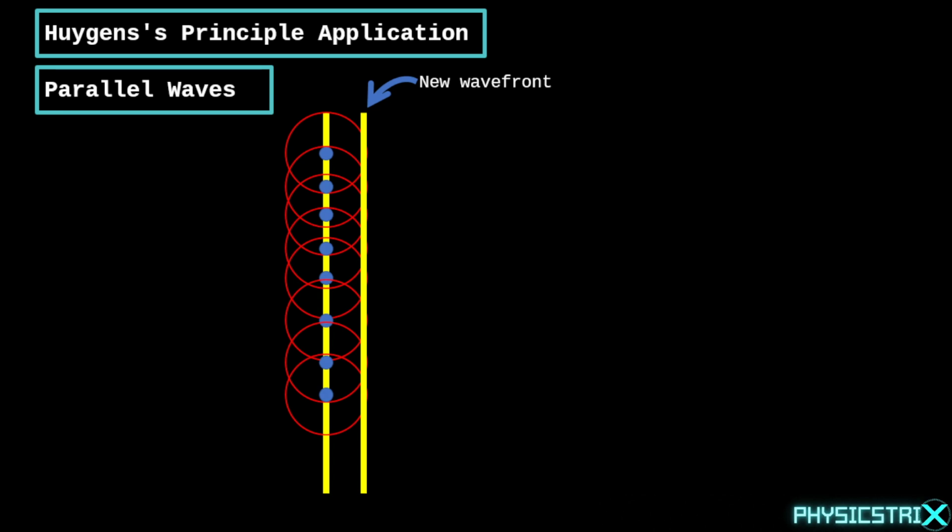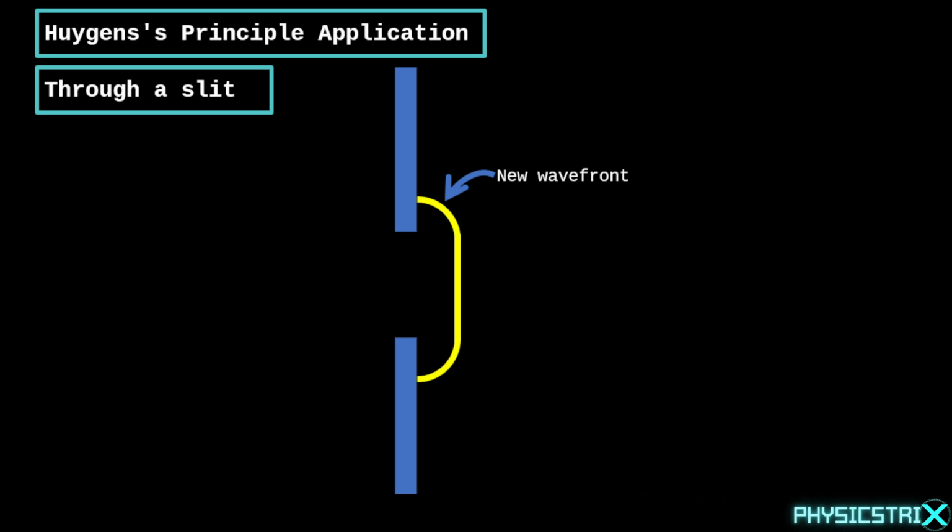Now, can we have a more complex structure? Yes, we can. We can have them go through a slit. Again, we have just a straight line, a parallel wave, and as it travels, it reaches the slit.